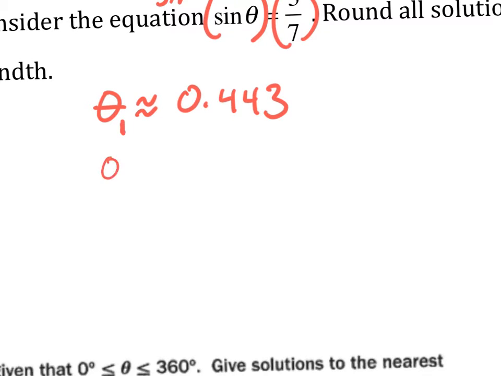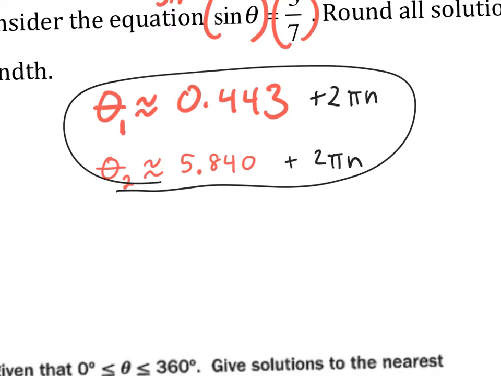Now theta 2 just simply says I'm going to subtract that from 2 pi. 5.840. All right, so now we need to generalize it by adding the cyclical part, the 2 pi n for each of these. So these are my two solutions in radians, just slightly under half, and slightly under 6 radians here.